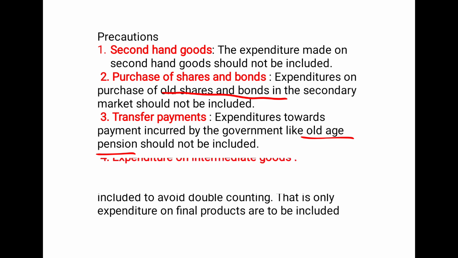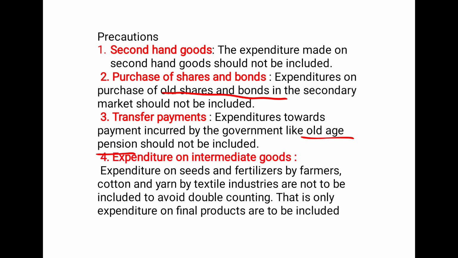The next one is expenditure on intermediate goods. What are intermediate goods? Intermediate goods are standing in between the final goods and the primary goods. So expenditure on seeds and fertilizers by farmers, cotton and yarn by the textile industry are not to be included, to avoid double counting. Previously we have seen what is double counting.